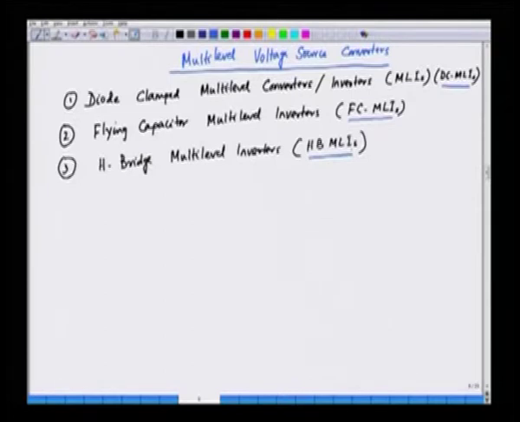In the last lecture we have already discussed the diode clamp multi-level inverter structure, and also the flying capacitor multi-level inverter.